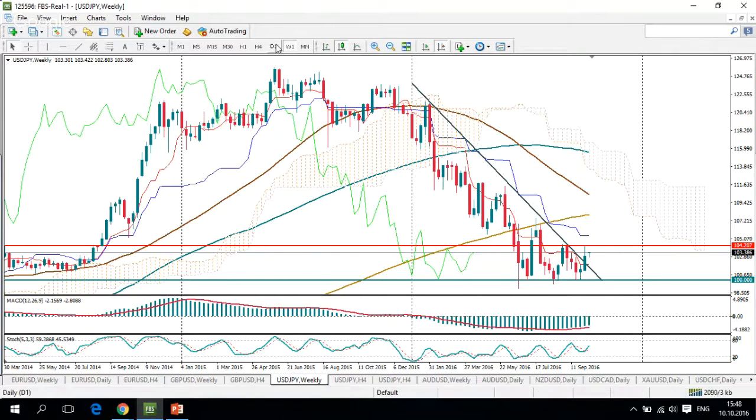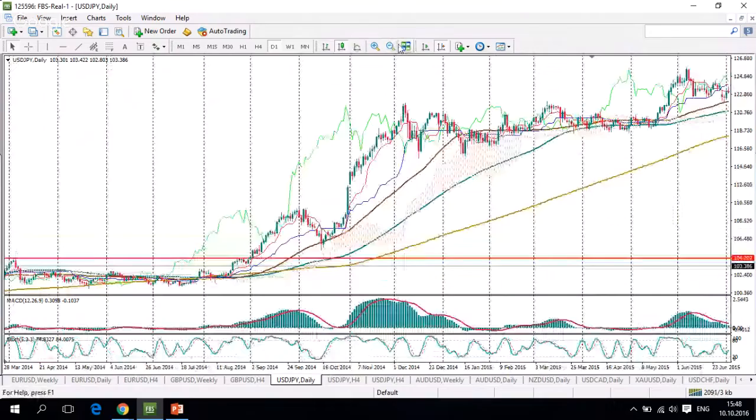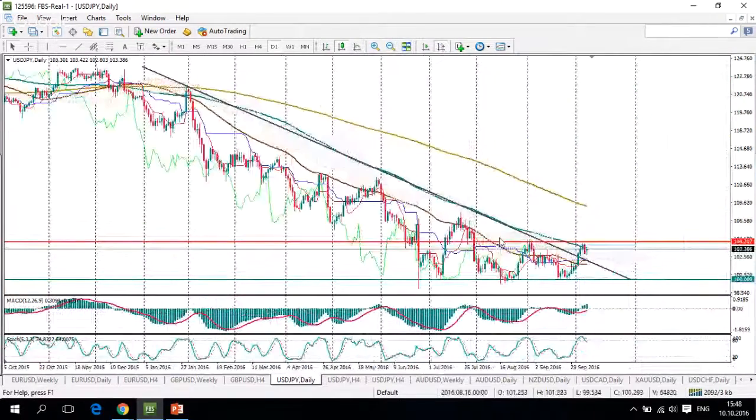Let's have a look at the daily chart. Here we can say that the pair returned below 100-day moving average at 103.60 last week on Friday because of the weaker non-farm payrolls data, and now this is an important level, and bulls have to overcome it if they want to continue growth.